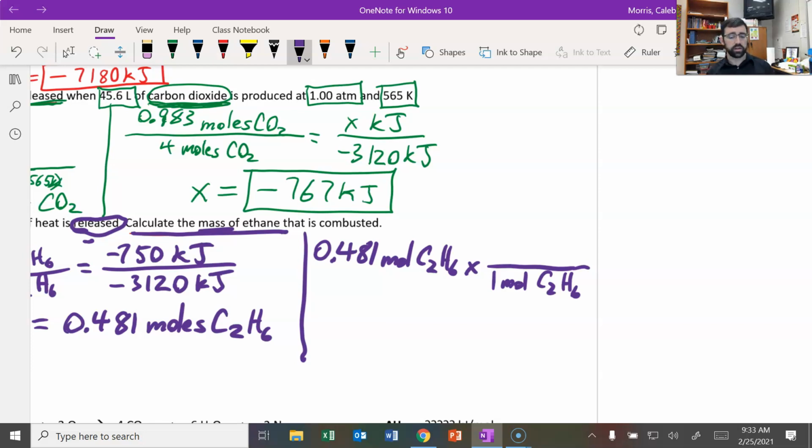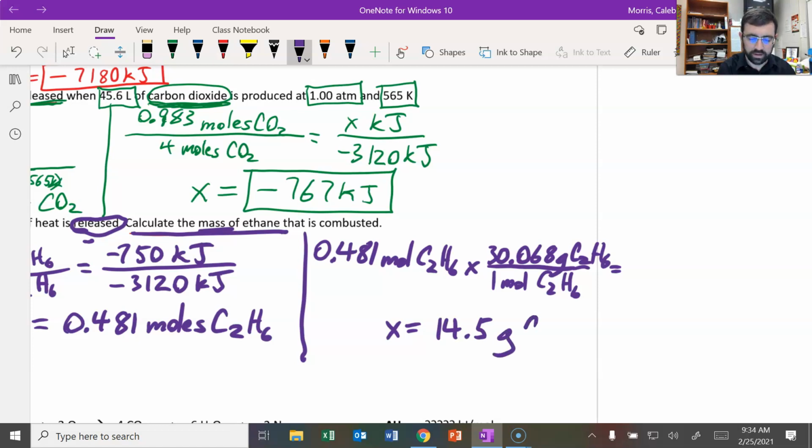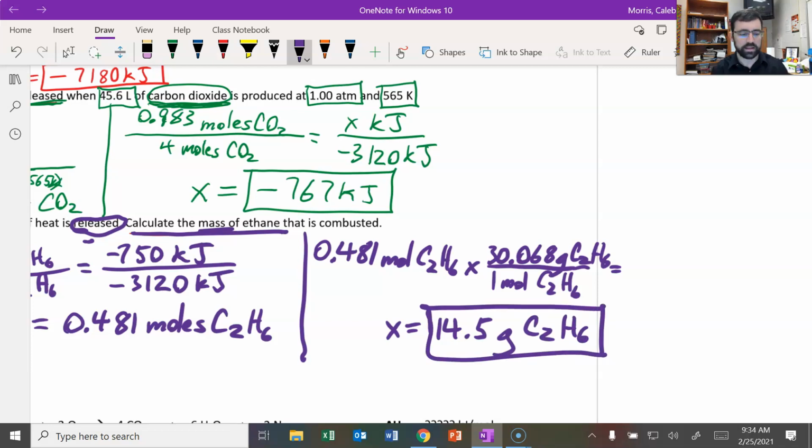You add 24 to 6, you end up with 30. So it's going to be very close to 30. Of course, using the numbers on the periodic table, you're going to get a more accurate number, which would be 30.068 grams per mole. And you end up with 14.5 grams of C2H6. So we just converted from moles to grams. That's the end of that problem.